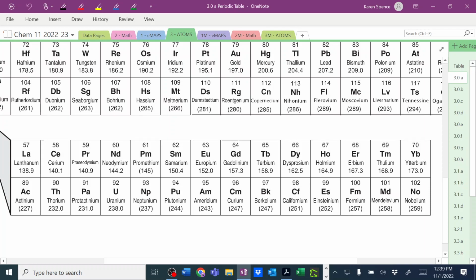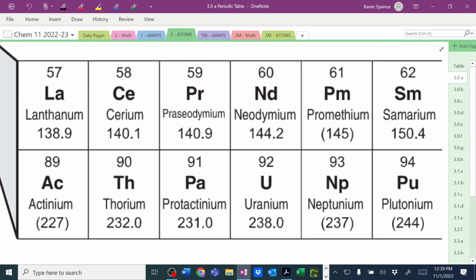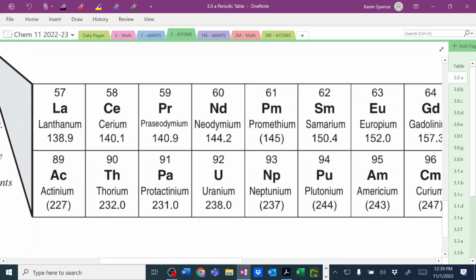Now, I don't know if you learned this in your junior grades, but these also have names down here. This first row of the section below the table, what's the name of that first element? Lanthanum, yes? Lanthanum. Do you know what those are called?